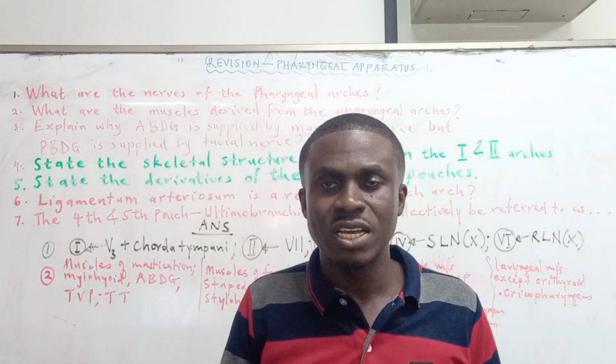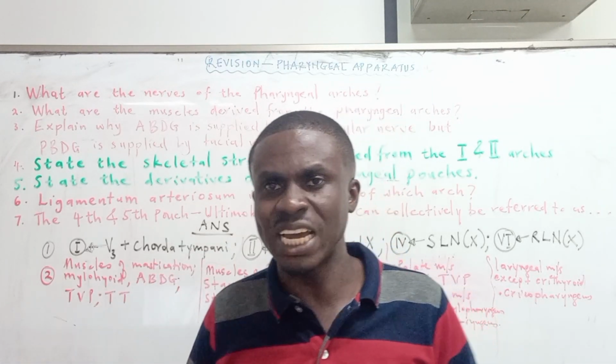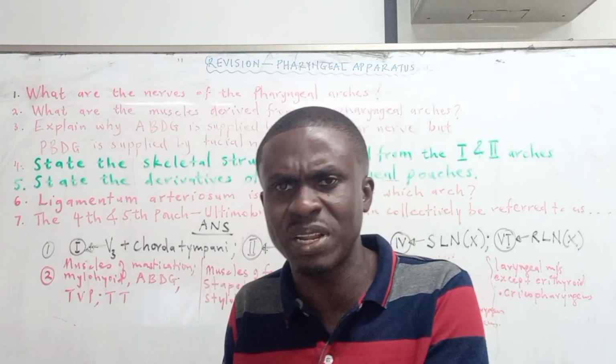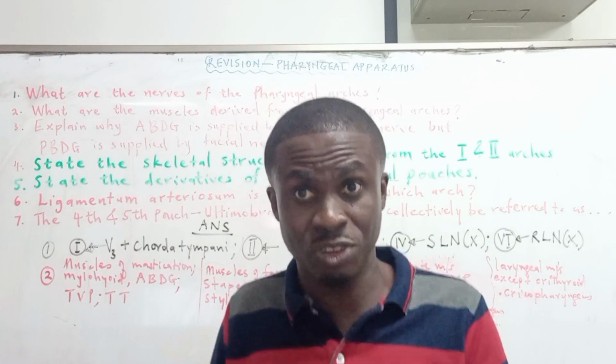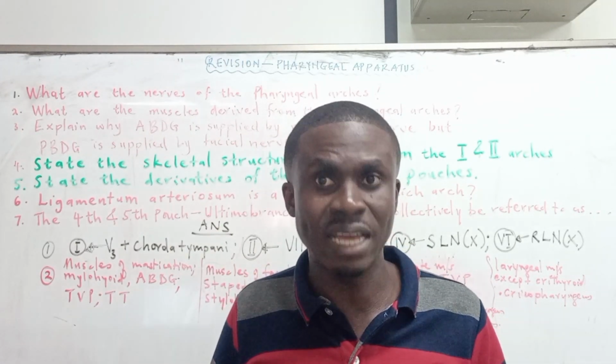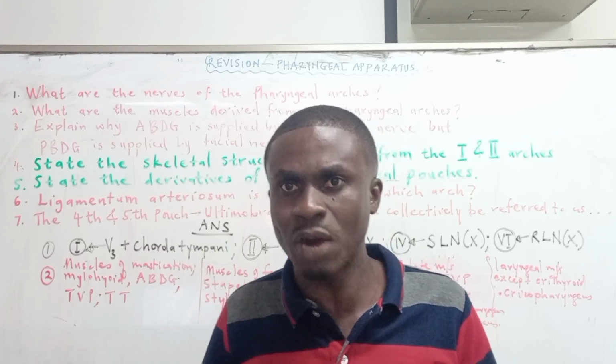Now the next one, which is the second pouch, I told you that it will give rise to the epithelial lining of the palatine tonsil. It means that when we ask you, is the epithelial lining of the palatine tonsil endodermal, ectodermal, or mesodermal, your answer will be endodermal, yes. Because it's coming from the second pouch.